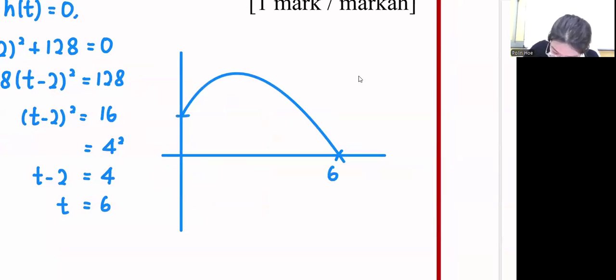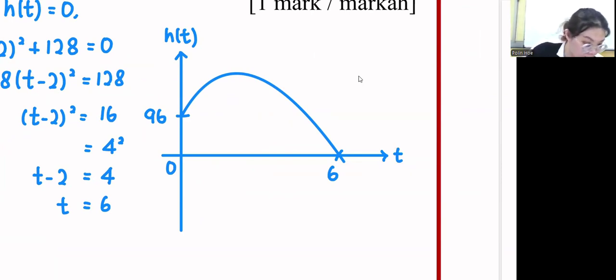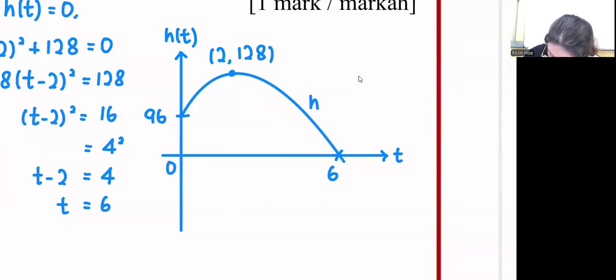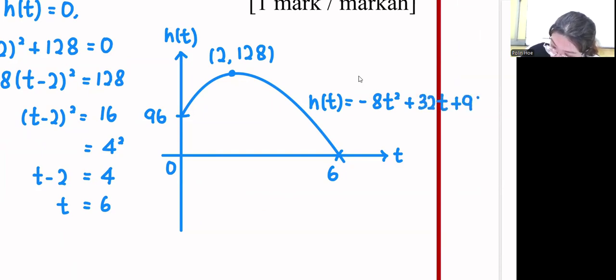You should go from 96 and jump to 128. Maximum point is 128, and jump down. Okay, when I reach the river bank, the river, this is 6. This will be 96. This will be h(t), your 0, and your t. And let's mark the maximum point at 128. And name it h(t) equals negative 8t squared plus 32t plus 96.